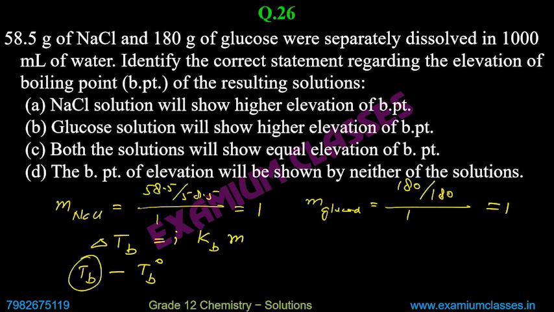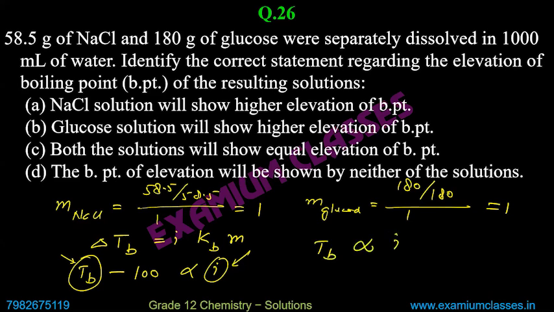For example, for water, the standard boiling point is 100 degrees Celsius. So it is TB minus 100. Kb is the same for water, M is the same in this case. So TB will be higher if I is higher, directly proportional.